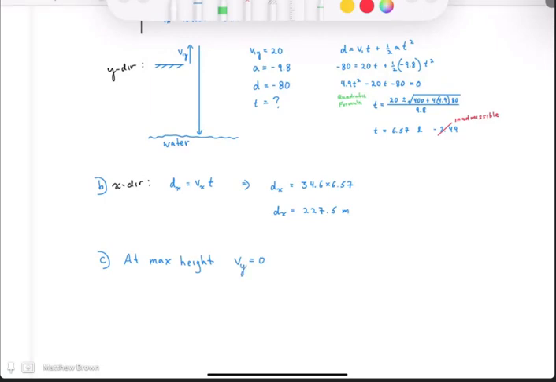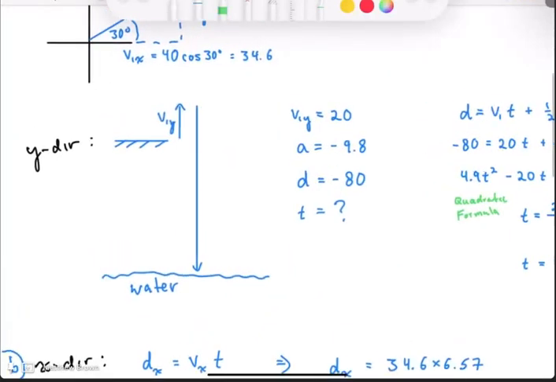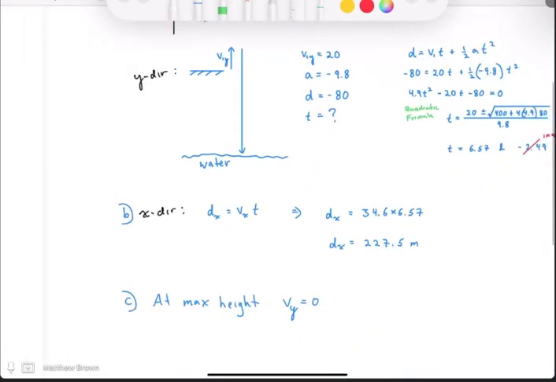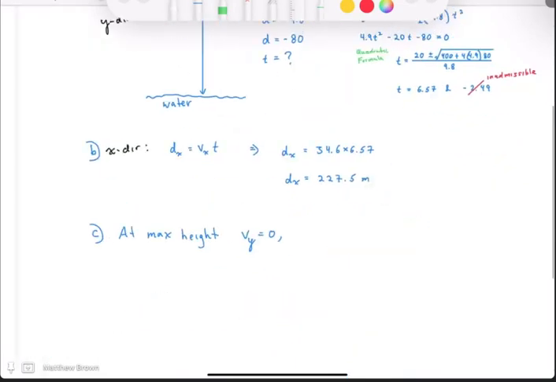Vy equals 0. Remember, we could look at this y direction completely independently and say, yeah, when it reaches its maximum height, of course, vy is 0. But Vx is constant, and we just said that's equal to 34.6. Thus, at its maximum height, it still has the x component of the velocity.